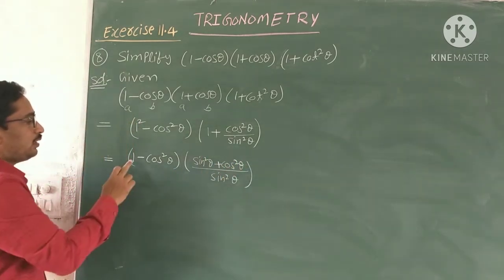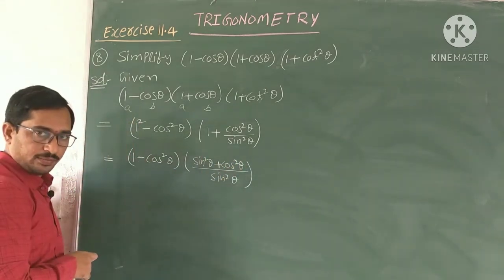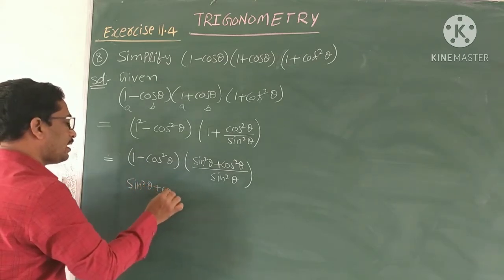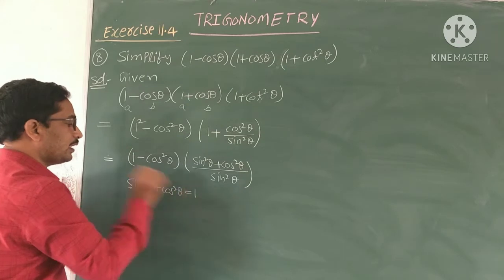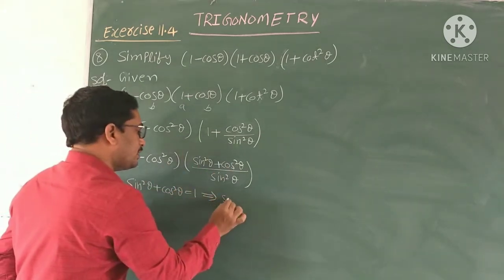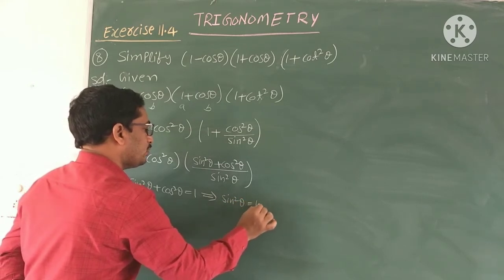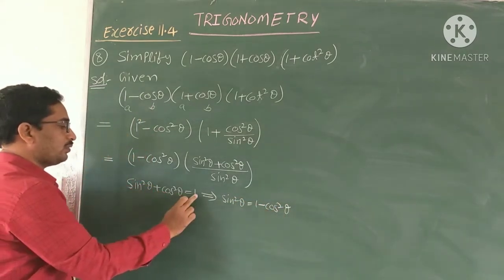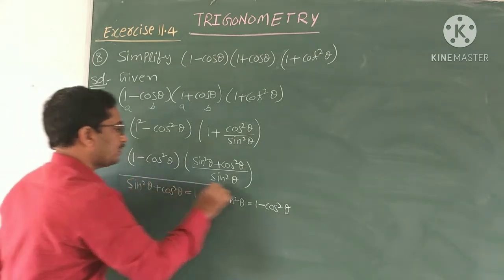Next, what is the value of 1 minus cos square theta? From identity 1, sin square theta plus cos square theta equal to 1. Now from this, transpose cos square theta to the right side: sin square theta equal to 1 minus cos square theta.